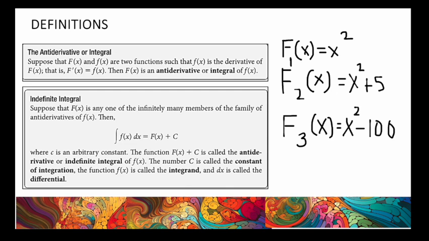There is a way to figure out what that constant is, and we'll get into that a little later in the lesson. So these F's that I just put here all have the same kind of function, but the constant changes. This is called our infinite family of antiderivatives, because there are so many different functions we could have with an infinite number of constants.